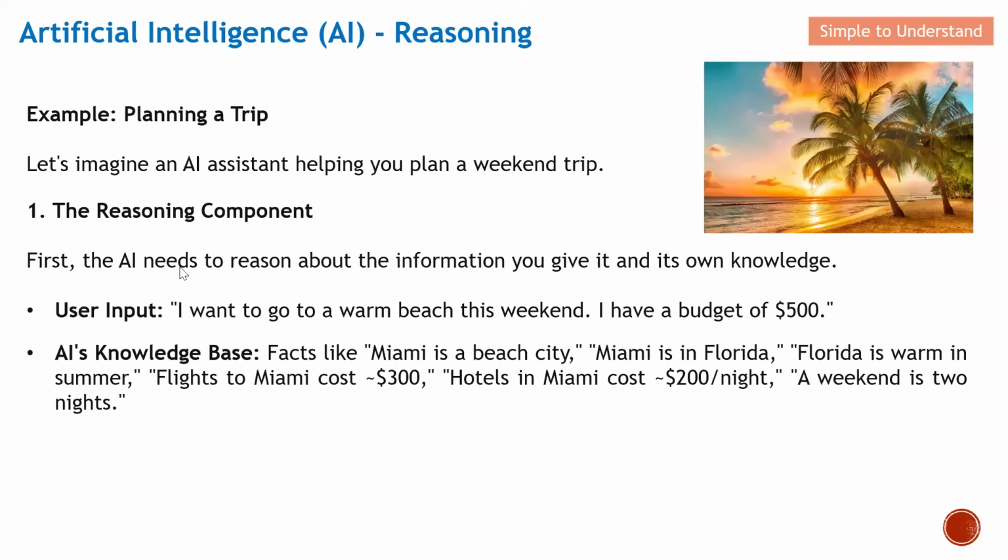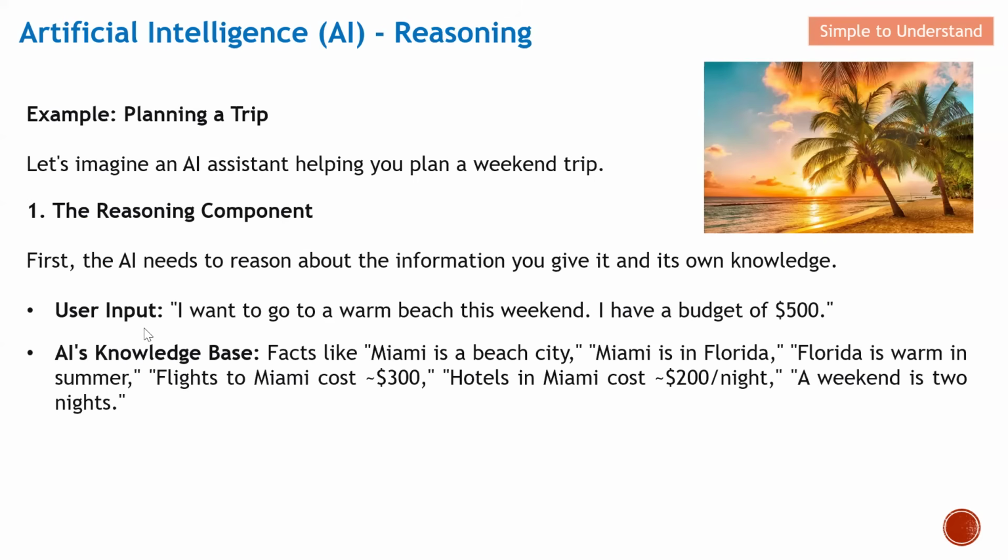First, the AI needs to reason about the information you give it and also its own knowledge. This is the input that I mentioned earlier on. The user input: I want to go to a warm beach this weekend. I have a budget of $500. So this is what reasoning will be.